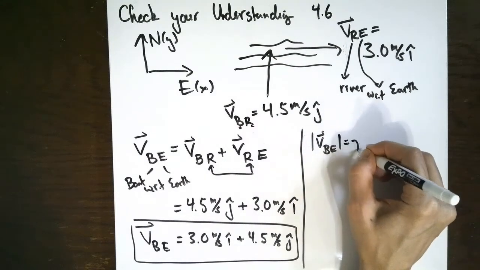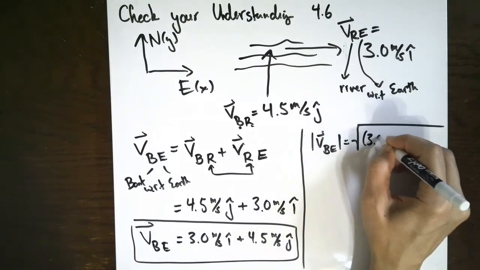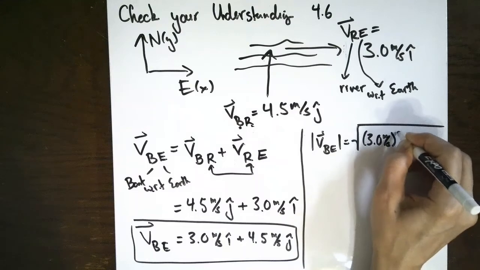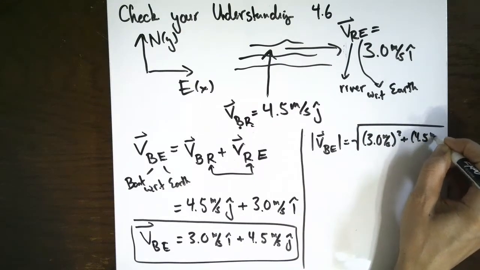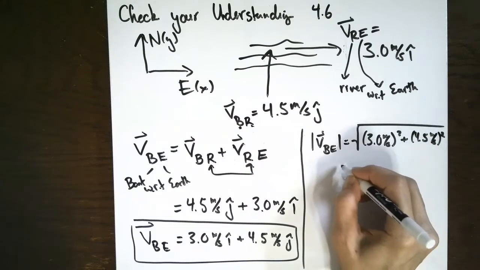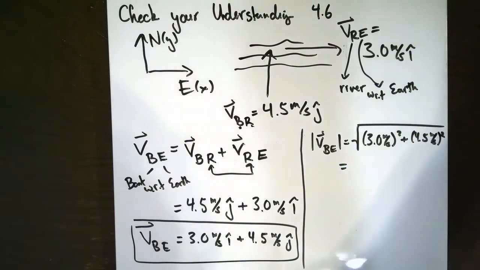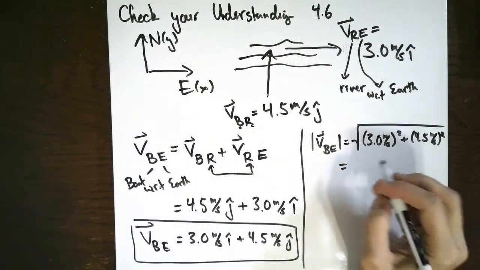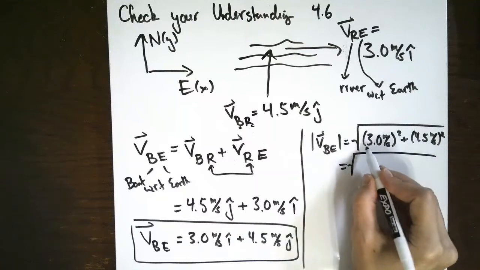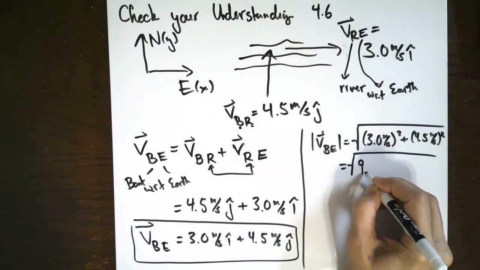That'll be the square root of the sum of the squares of its components. So 3 meters per second squared plus 4.5 meters per second squared. Let's calculate that out. The 3 squared will be 9.